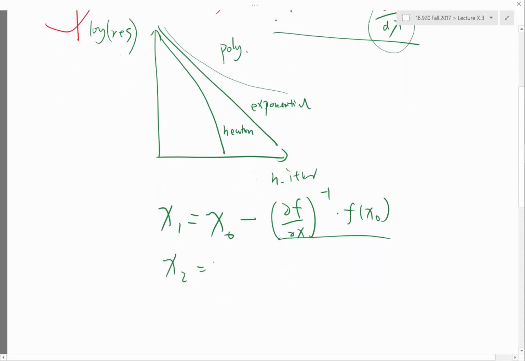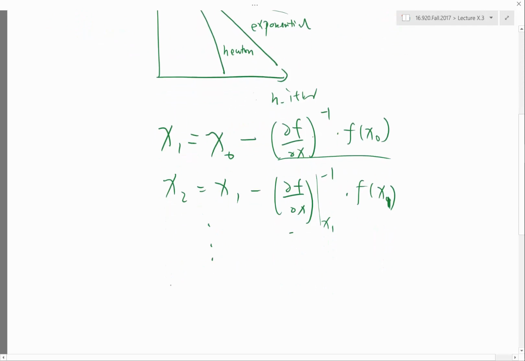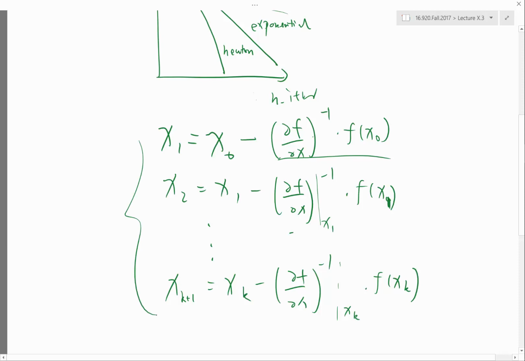Then my x2 would be equal to x1 minus df/dx, but now this df/dx is different. It's linearized at x1, whereas the previous one you take the derivative at x0. Here you take the derivative at x1, and so on. So x_{k+1} is always equal to x_k minus the Jacobian inverse times f(x_k). The Jacobian is what we call the derivative of a vector with respect to another vector. So this is Newton's iteration.